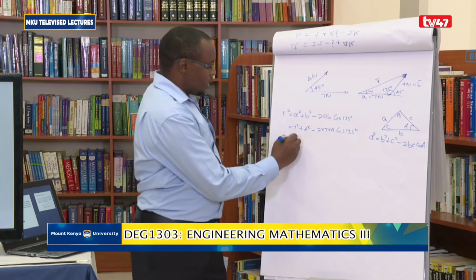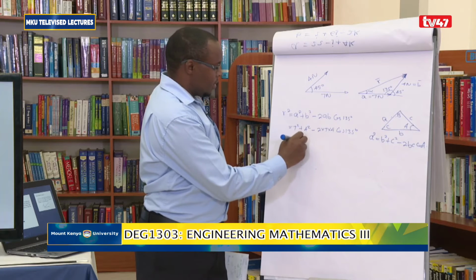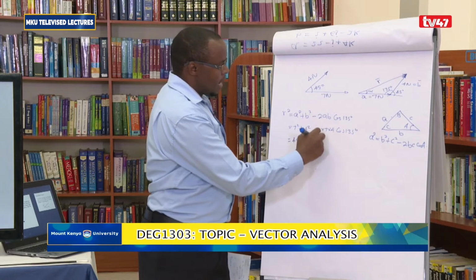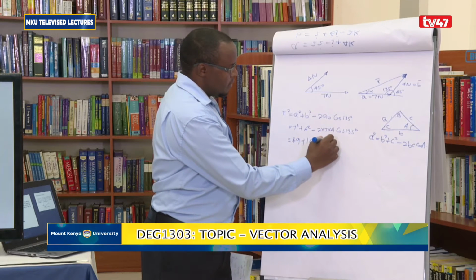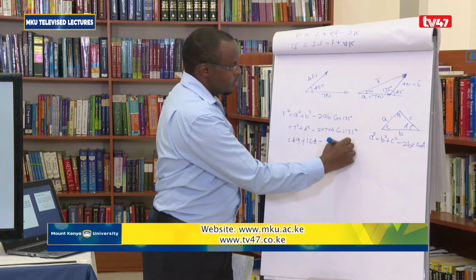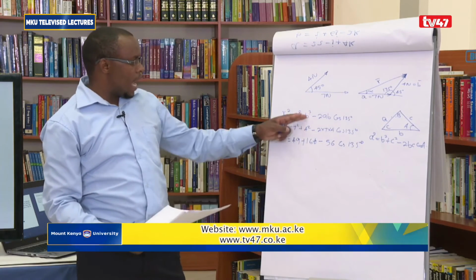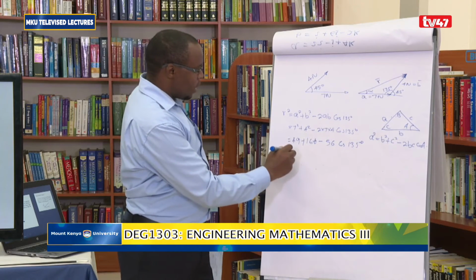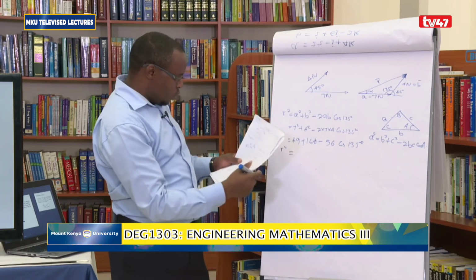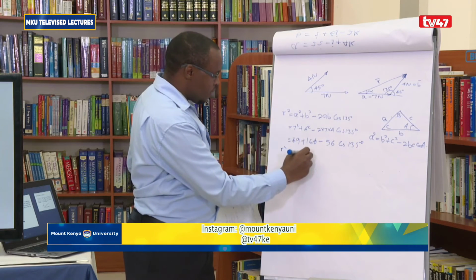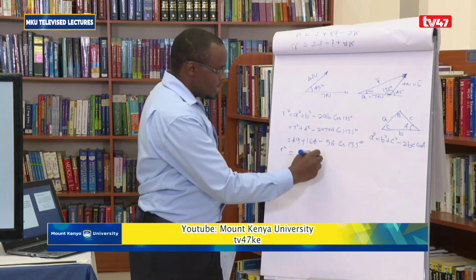Now, this, of course, is going to give us 49 plus 16 plus 28, sorry, this is minus 56 cos of 135 degrees. So when you work this out, our R squared is going to be 104.6.